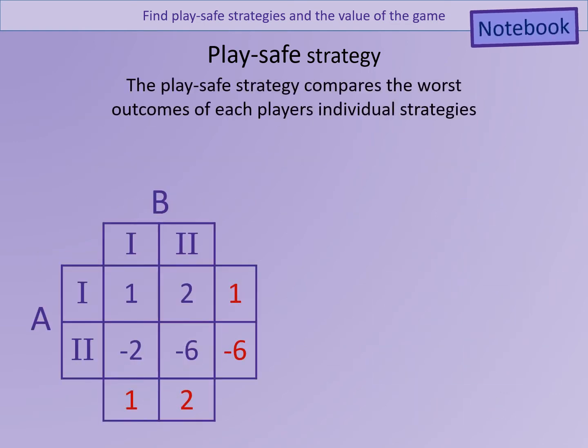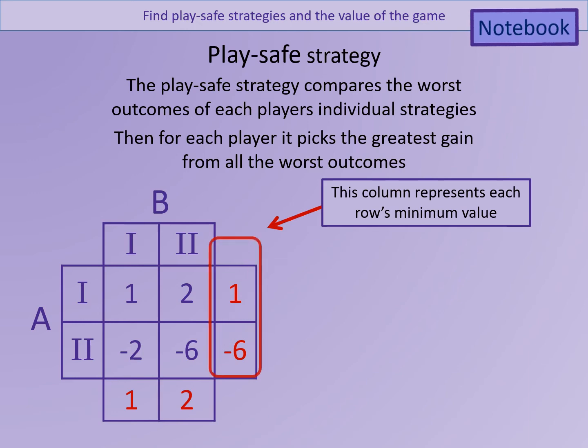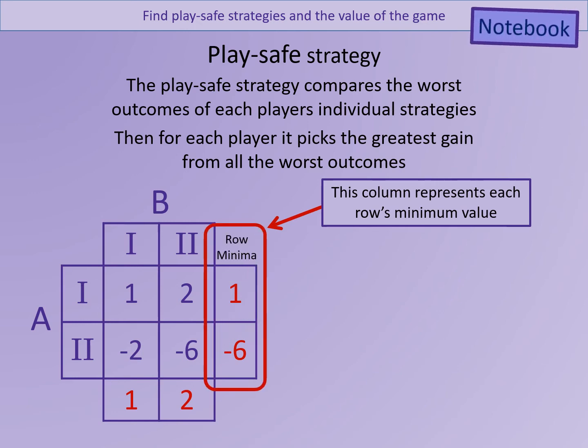A play safe strategy involves taking the worst case scenario for each player and choosing the best of these. So in this situation, first of all, we're going to consider the worst case scenarios for A under either strategy 1 or strategy 2. They are the row minima, so the minimum values in each row represent the worst case scenario for player A. We are then going to choose the best of these outcomes because that is the safest strategy for player A to choose.